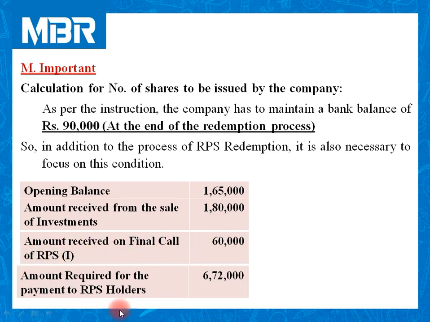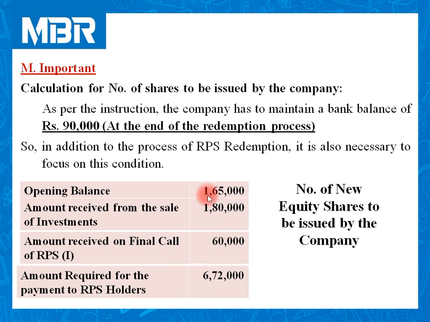And amount required for the payment to the RPS holders, 6,72,000. These first, second and third items represent receipt, and 6,72,000 is required for payment.